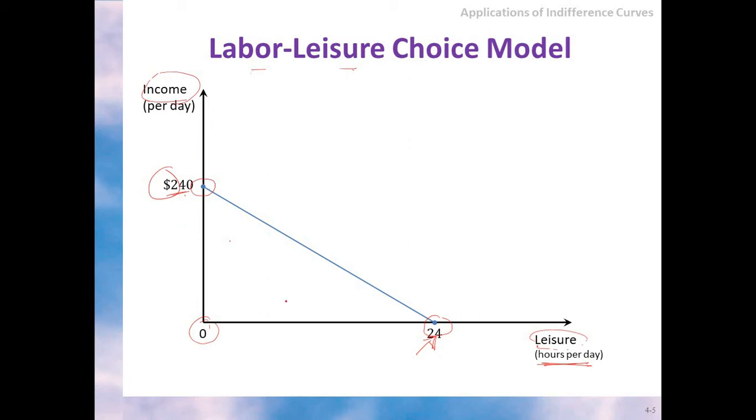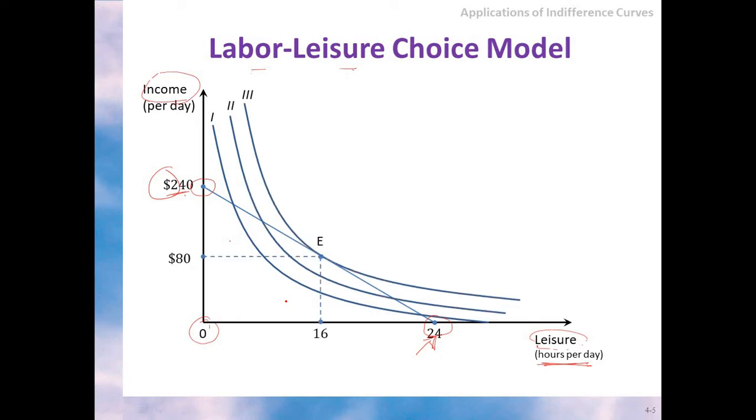Normally, with the consumer choice model we talk about consumer equilibrium, but for this labor leisure choice model, we call this worker equilibrium.